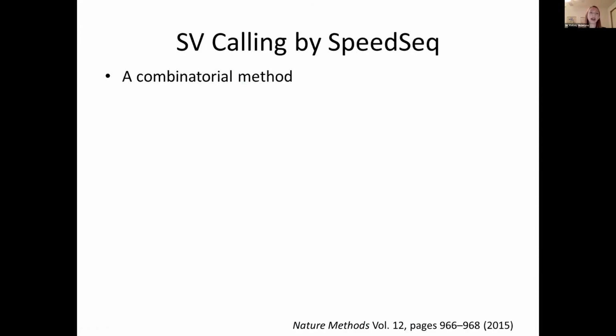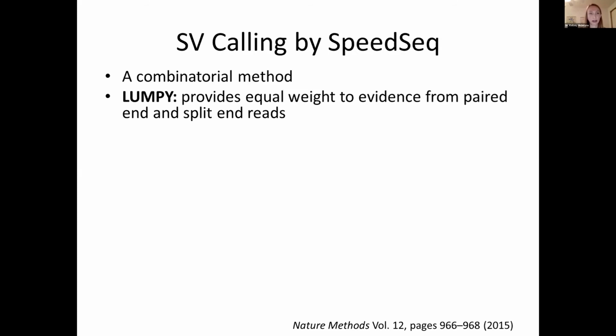We are using an algorithm called SpeedSeq for our structural variant calling. This is a combinatorial method combining split read, paired end, and depth of coverage methods for structural variant calling. The split read and paired end methods are combined into an algorithm called LUMPY.